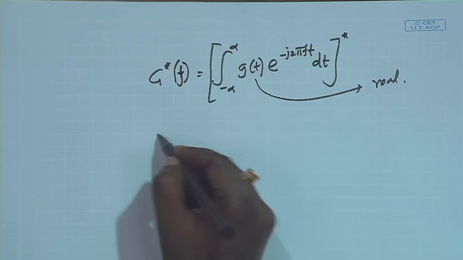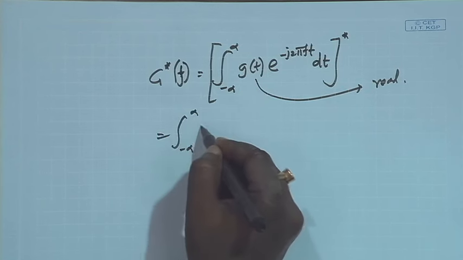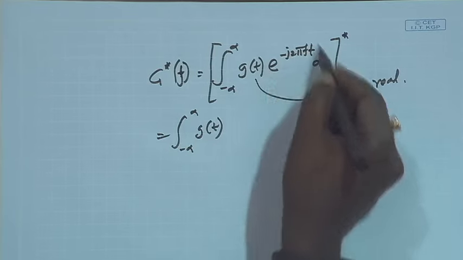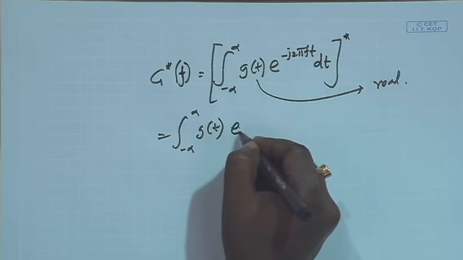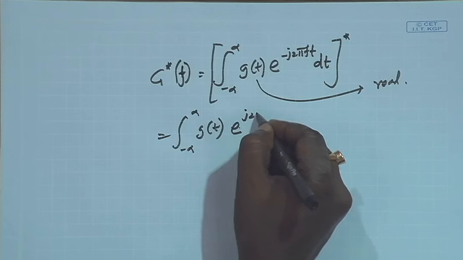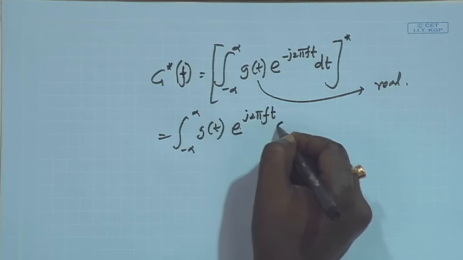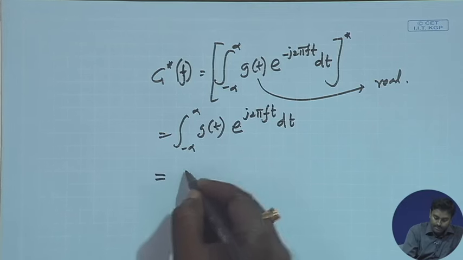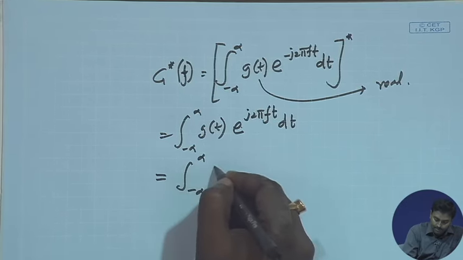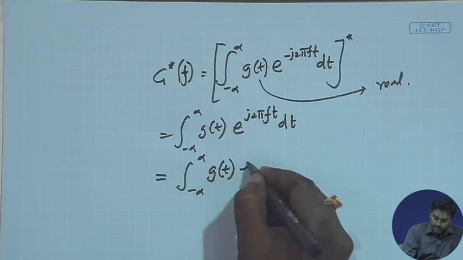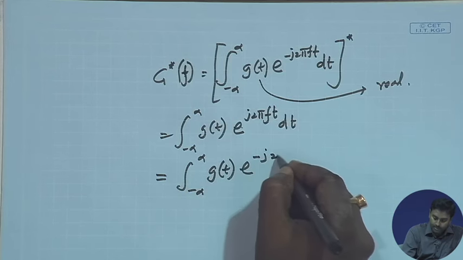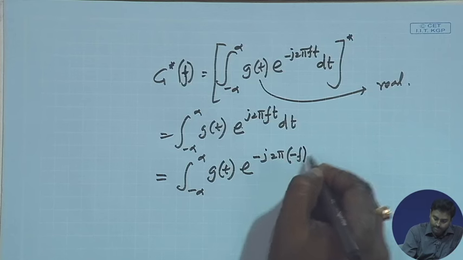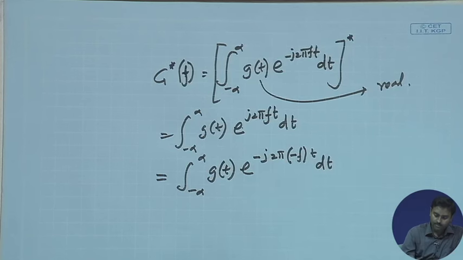So, we get the integral from minus infinity to plus infinity of g(t) and the conjugate of the exponential, which should be e to the power plus j 2 pi f t dt. Let us rewrite this in a different fashion: g(t) e to the power minus j 2 pi (minus f) t dt.